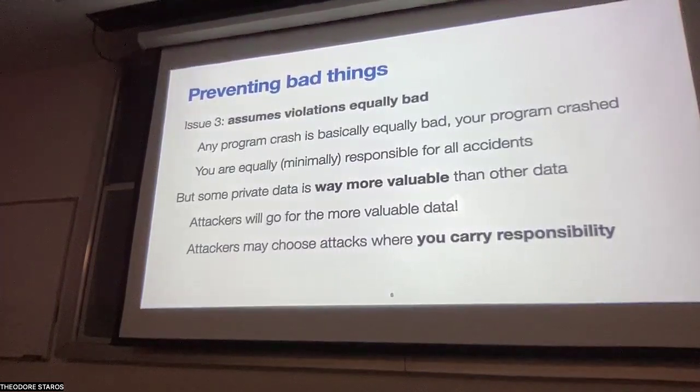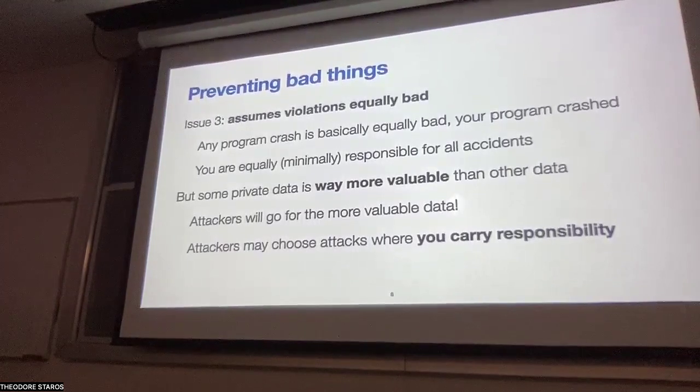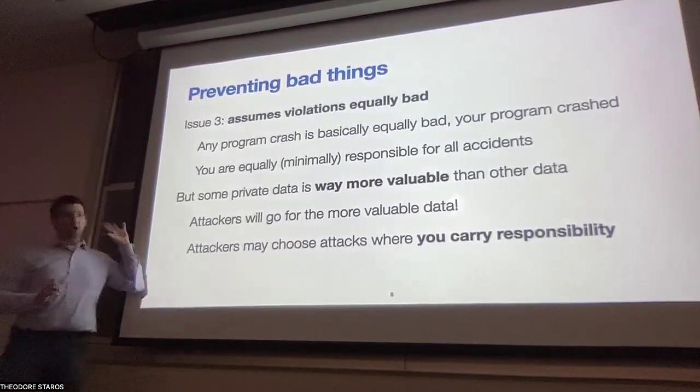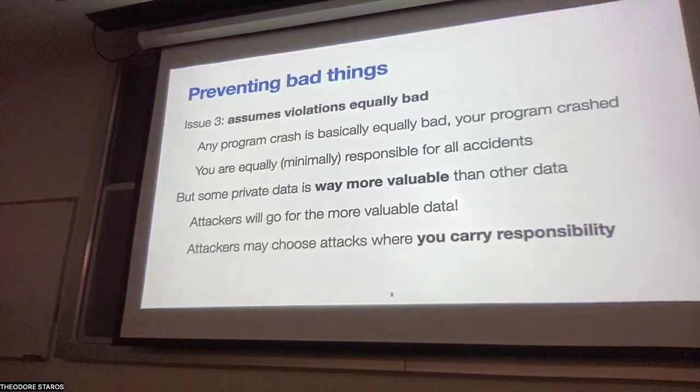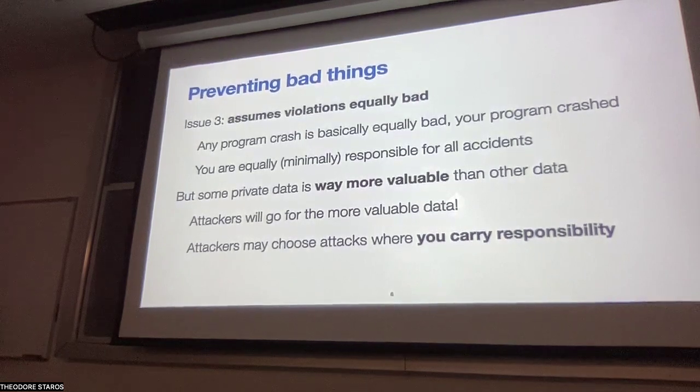But it happens. People make mistakes. The issue is that there are things your program does, or often data it has access to, that's way more valuable than the ordinary program crash. So even if you think about something fairly simple, like a student's grade, you've got to think about, well, could you cause a student, by changing their grade, to, for example, fail to graduate?